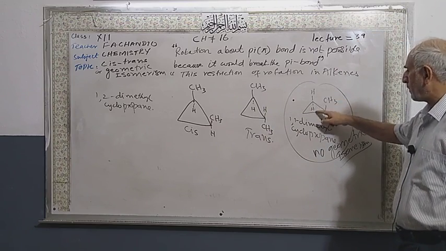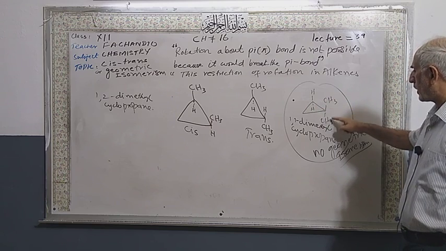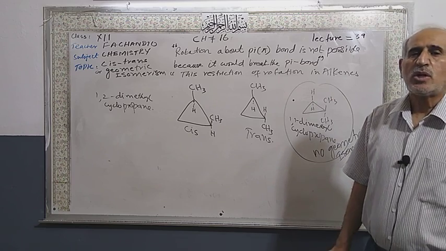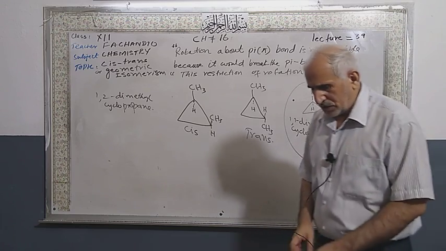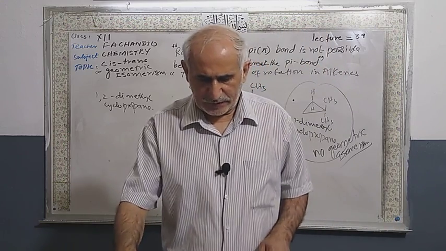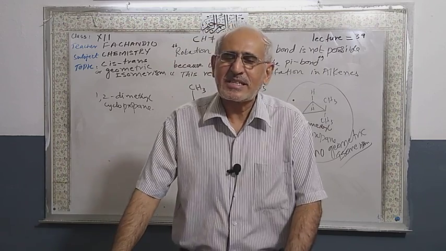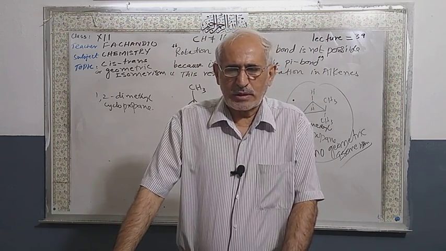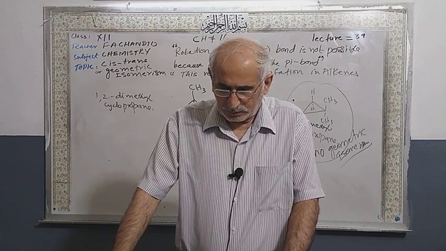If the two same groups, hydrogen atoms, alkyl groups or halogens, are on the same carbon, there will be no geometrical isomerism. So it's very clear that when you draw the structures of geometrical isomers, you must see that the carbons of the double covalent bond contain different groups.